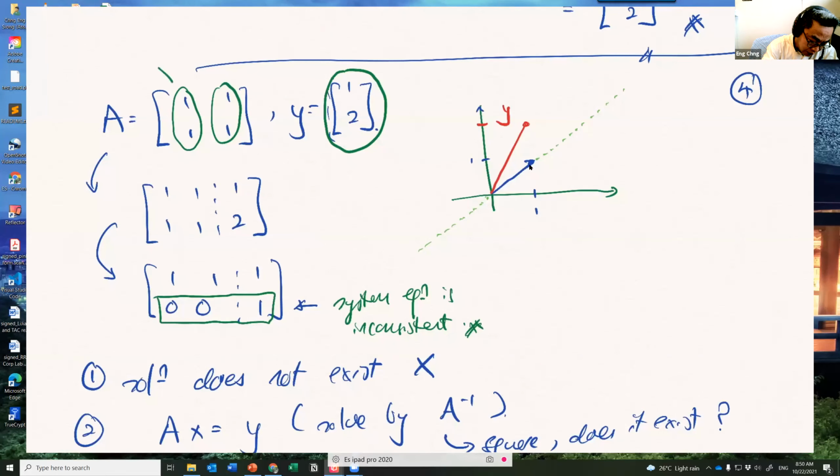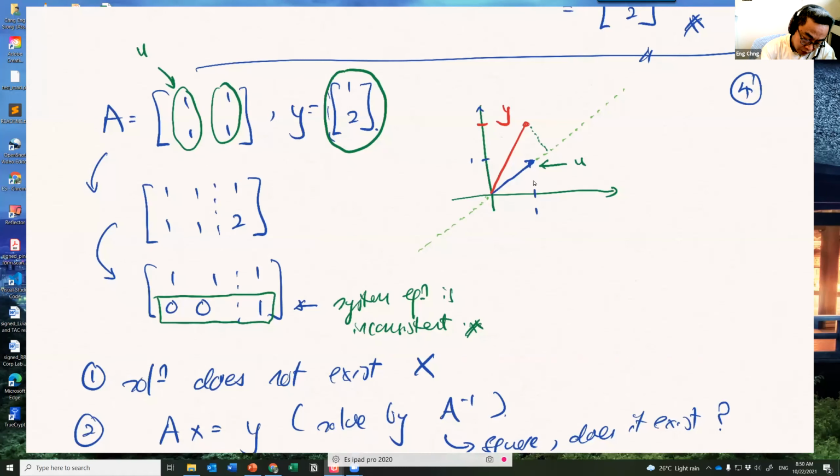Let's call this line U. Since I can only represent values along this dotted line, I cannot represent y because y is not in the same space as U. So in our least squares solution, or orthogonal projection, we project y onto U.